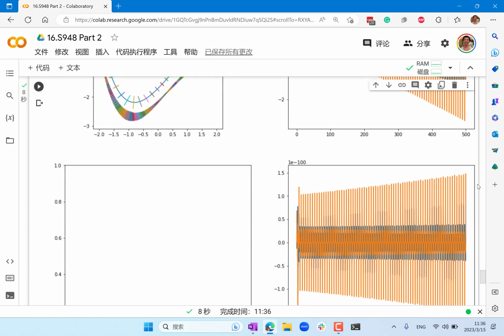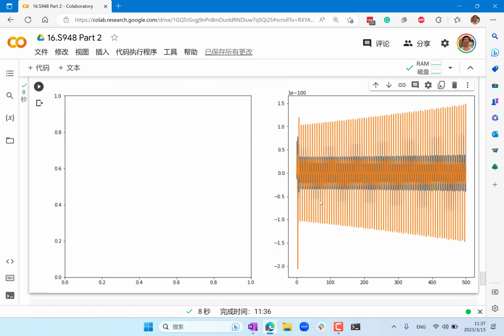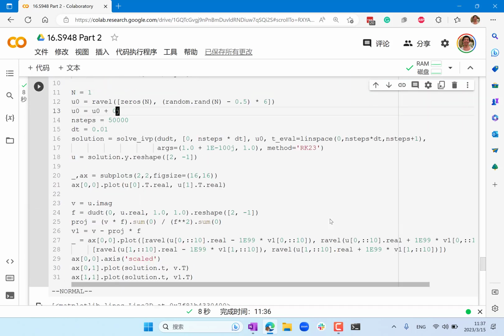We do see a small linear growth over here, but we'll fix it later by, instead of projecting out the exact time evolution direction, projecting out a solution to the homogeneous tangent equation, which should actually be du dt if we are integrating things exactly. And we can also reduce this by specifying a lower tolerance, right?